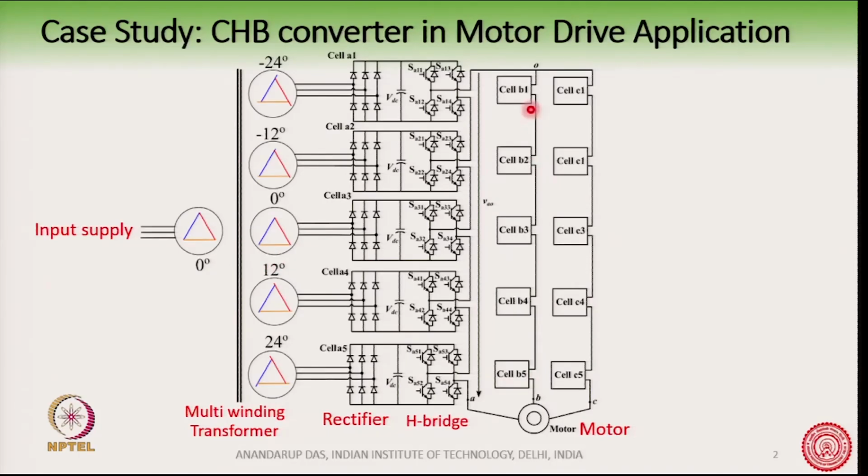This is the input supply, and then there is an extended delta multi winding transformer, and each secondary is connected to a 3 phase diode bridge rectifier which forms the DC link, and then you have the H bridges, which are connected in cascade and feed the motor. Very briefly we will see how we can choose electrical components in this diagram.